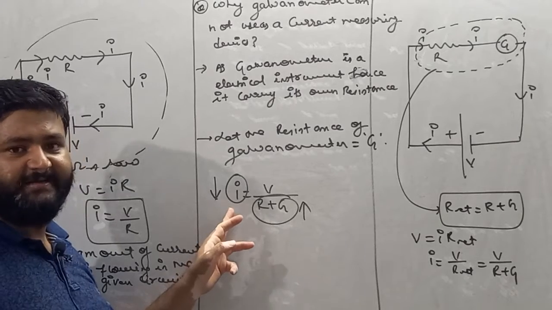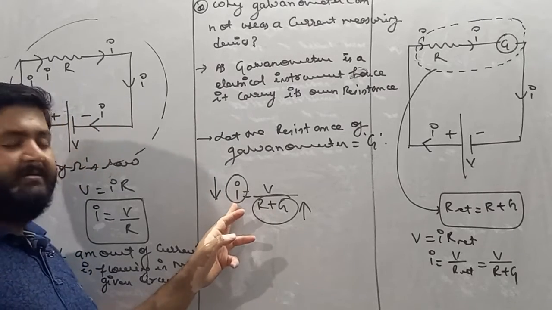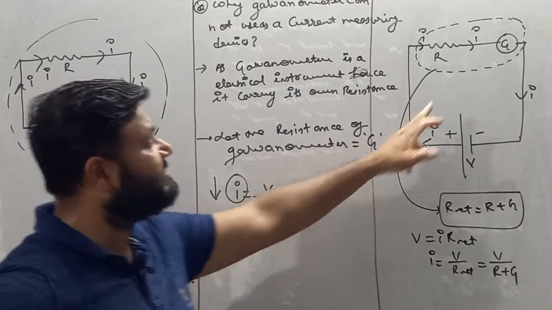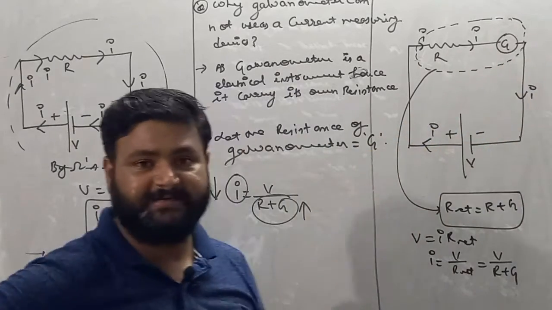It decreases because resistance increases due to the high resistance of the galvanometer.